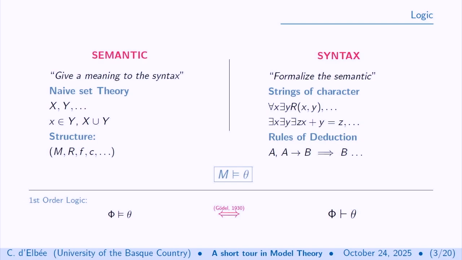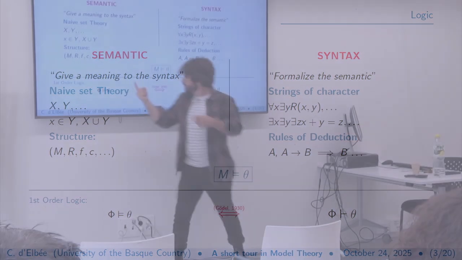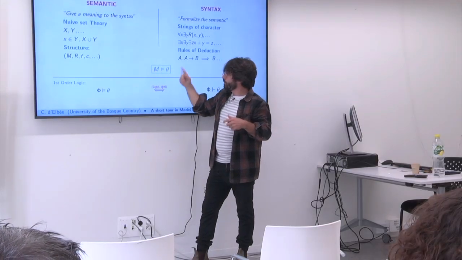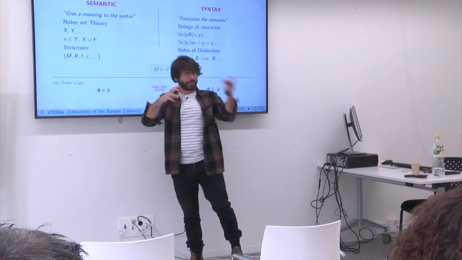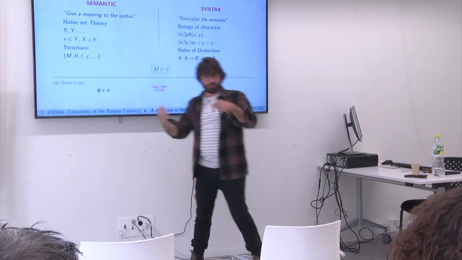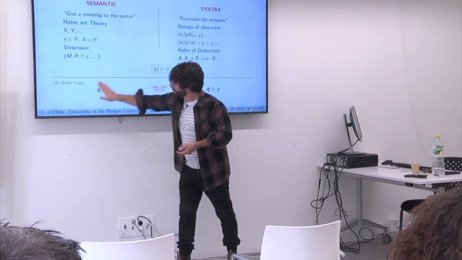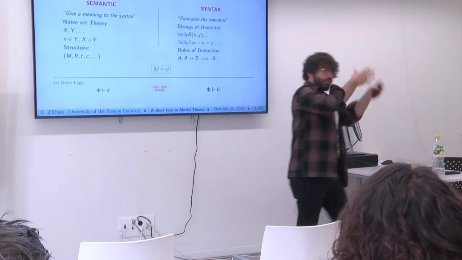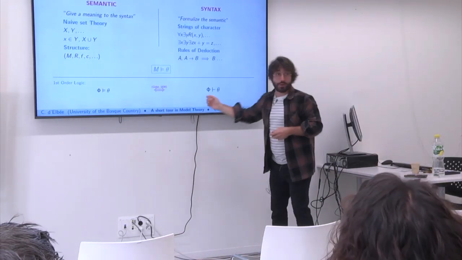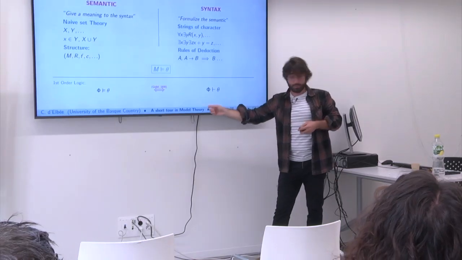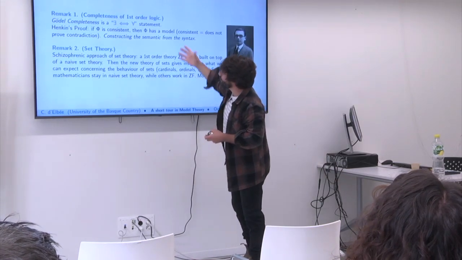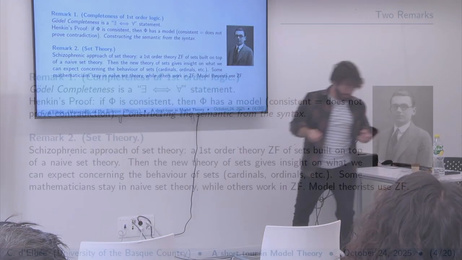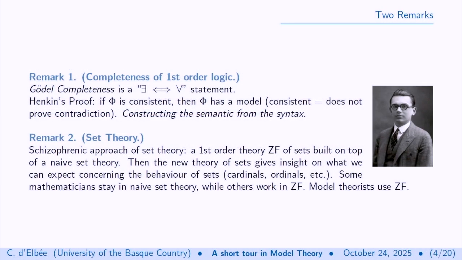Because this means for every model, a structure, and a model is just a structure, I will talk about the model of a theory, a structure that satisfies this theory. So this is a for all statement: for all structures, if this is true, then this is true. And the other is, there exists a proof of this from this. The fact that those two are equivalent is already a sign that it's somehow a very deep theorem.